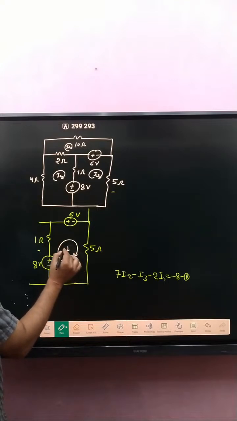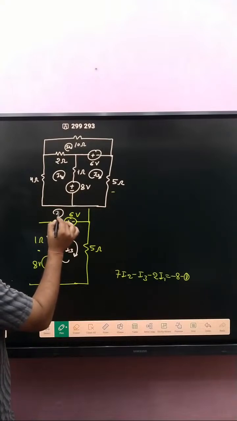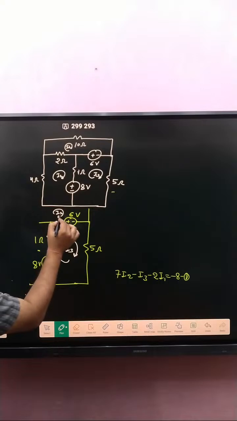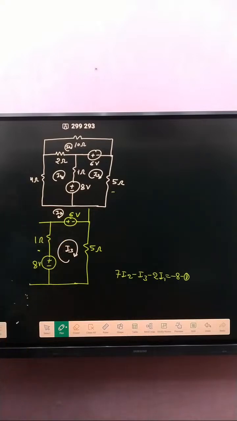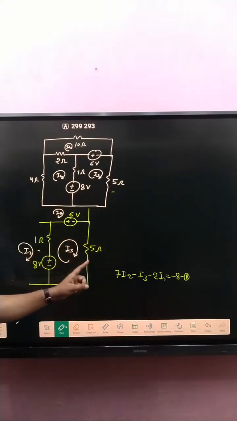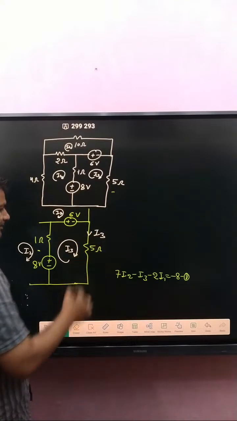And here I3 current, and what about current here? I1, sorry, I1. Okay, and here I2 current. Our motto is to determine this branch current. No any loop here, so loop current and branch current are same. So I3 like that one.